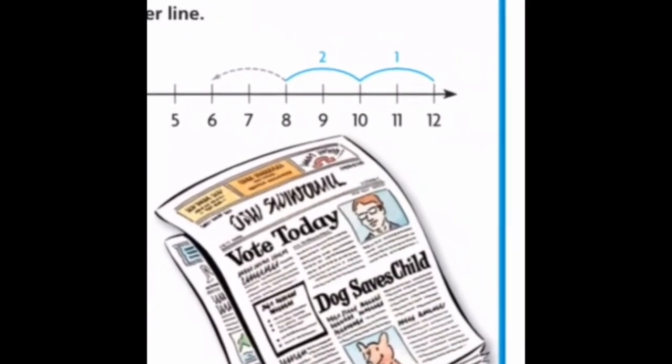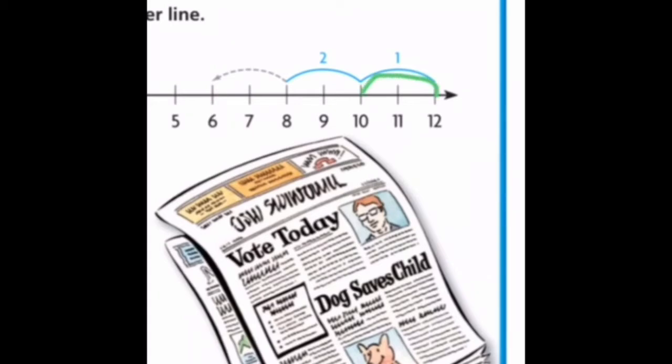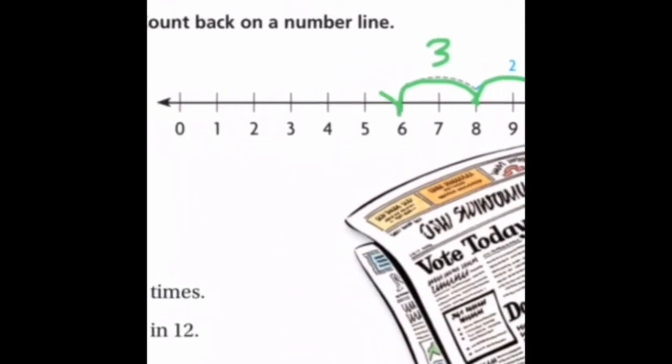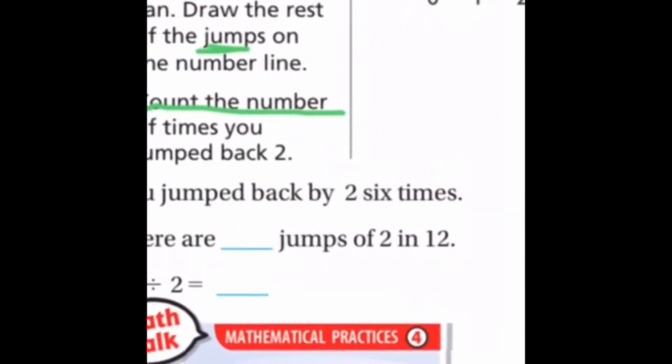So we were at 12, we jump back 2 one time, jump back 2 more, that's now twice, jump back 2 more from 8 to 6, there's 3 times, jump back 2 more, and 2 more, that's now 5 times, and we jump back 2 more, that's 6 times. Okay, so we jump back by 2 six times, so there are 6 jumps of 2 in 12. 12 divided by 2 is 6.